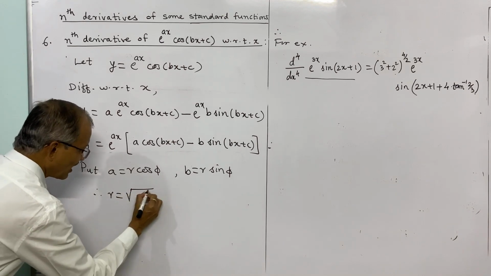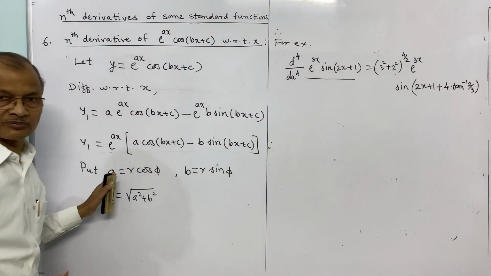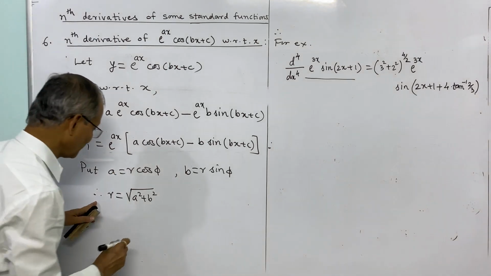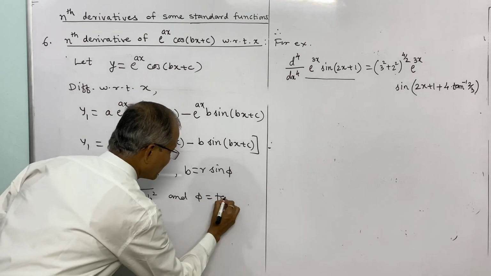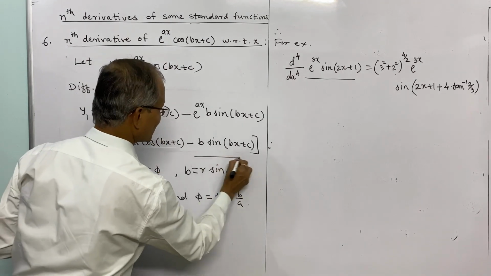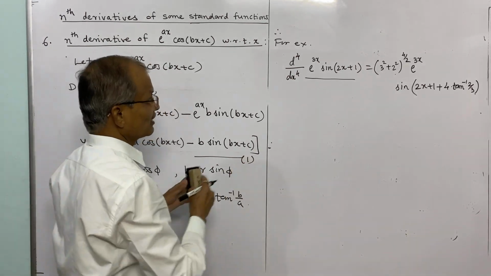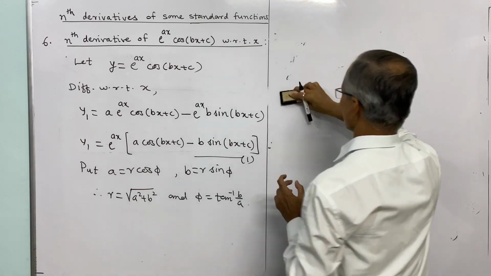Under root of a square plus b square, and phi is the same substitution, with the same values, phi equal to tan inverse of b upon a. And with this substitution, suppose this is 1, so what will equation 1 be? That we shall now write.